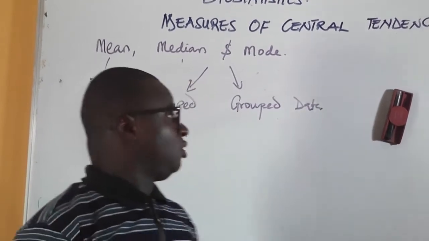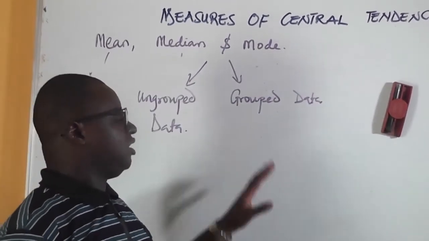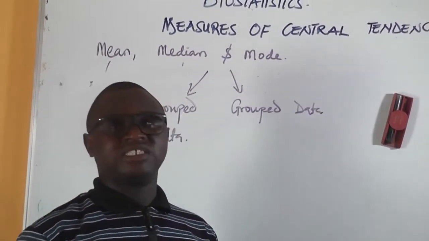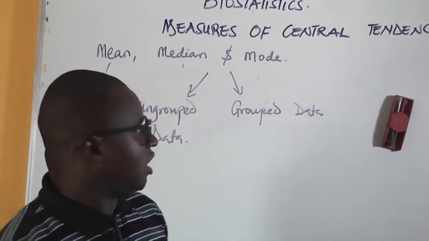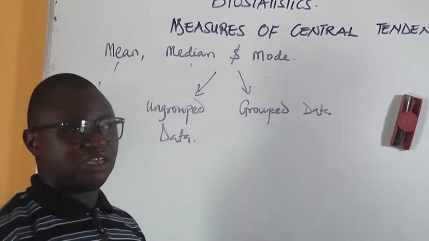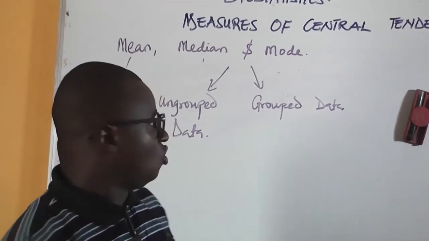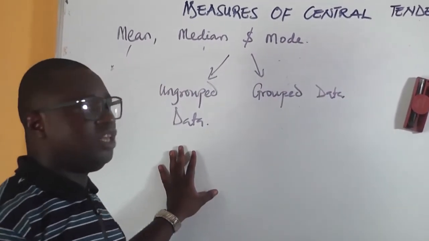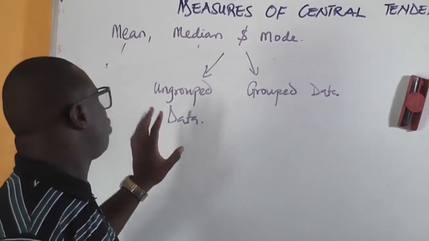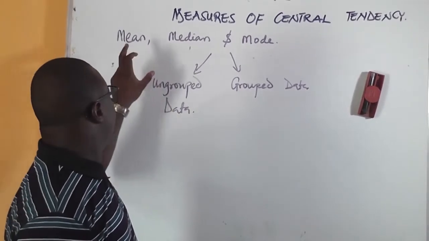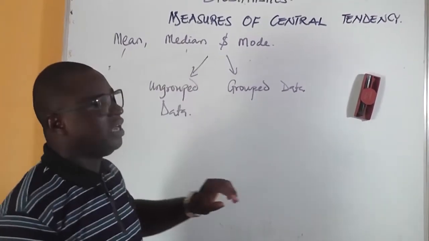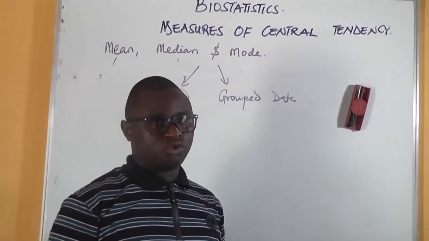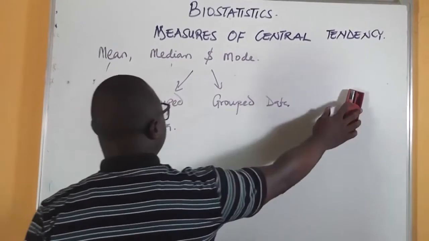Are we together? While for grouped data, the data are categorized in some form of manner. Now, so for this first lesson, we'll be looking strictly at ungrouped data. So we'll look at calculation for mean, for median, and then for mode. Are we together? So let's start looking at that.